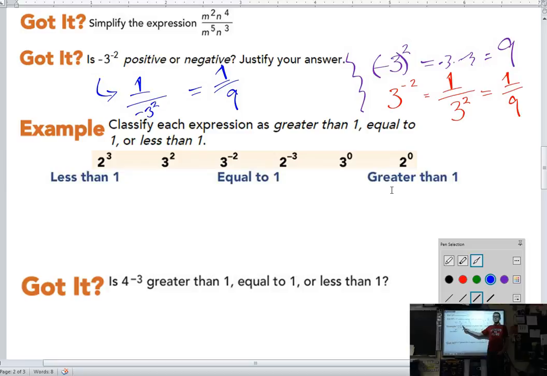Because we know negative 3 squared is the same thing as 3 squared, negative 3 to the negative 2 is the same as 3 to the negative 2.